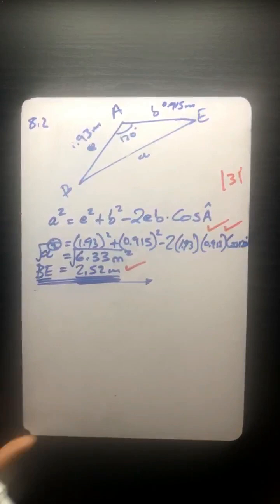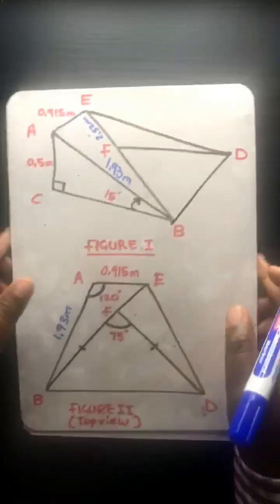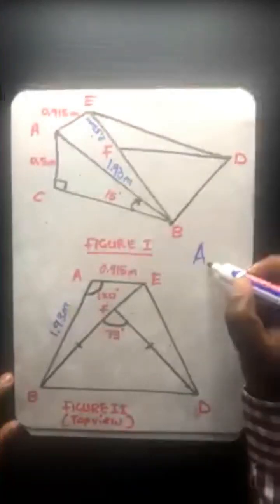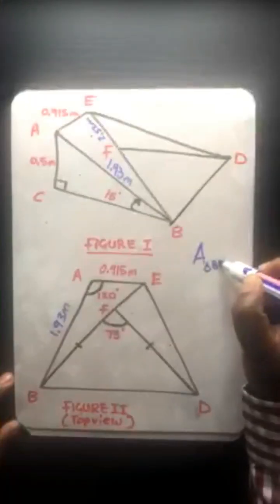Maybe let me remove all of these. Yes, we have written that one where we were supposed to write it. So let's see, 8.3. They are saying calculate the area of triangle BFD.